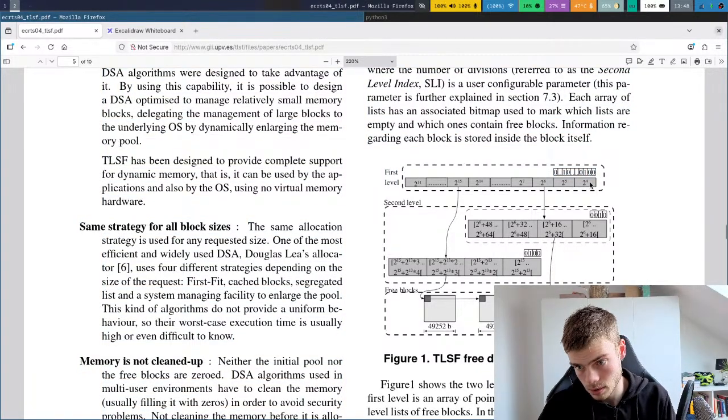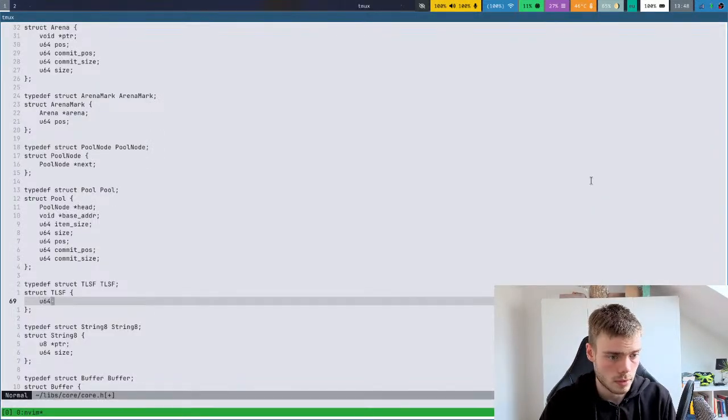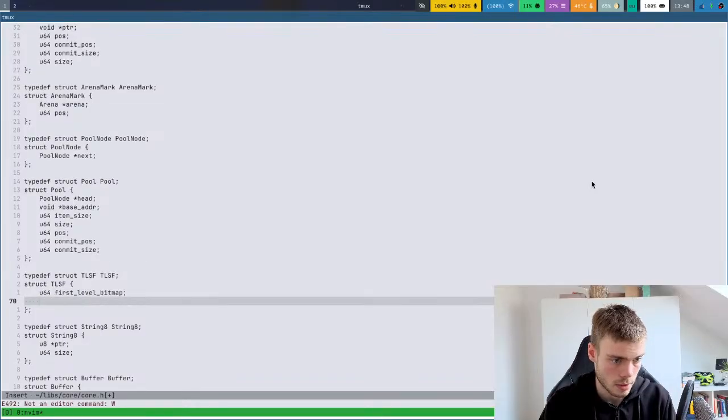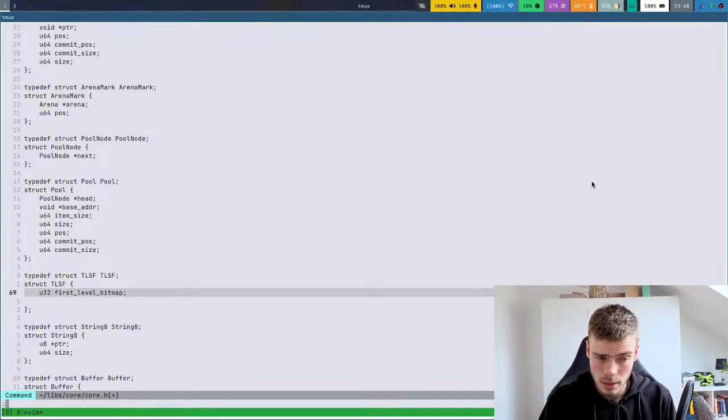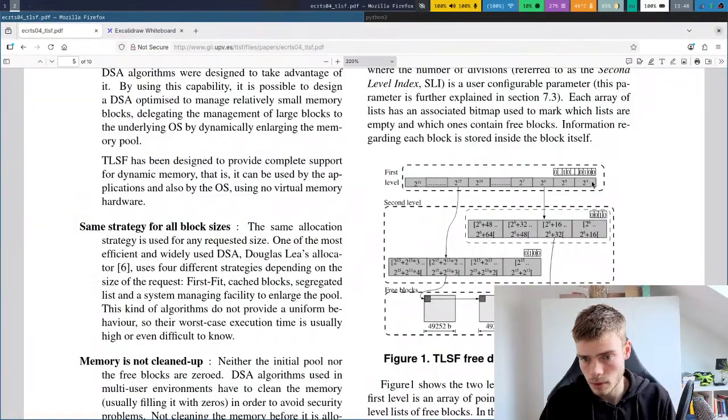Correct. So first level bitmap, I don't know. This could also be just 32 bits. Then we have 32 bitmaps.